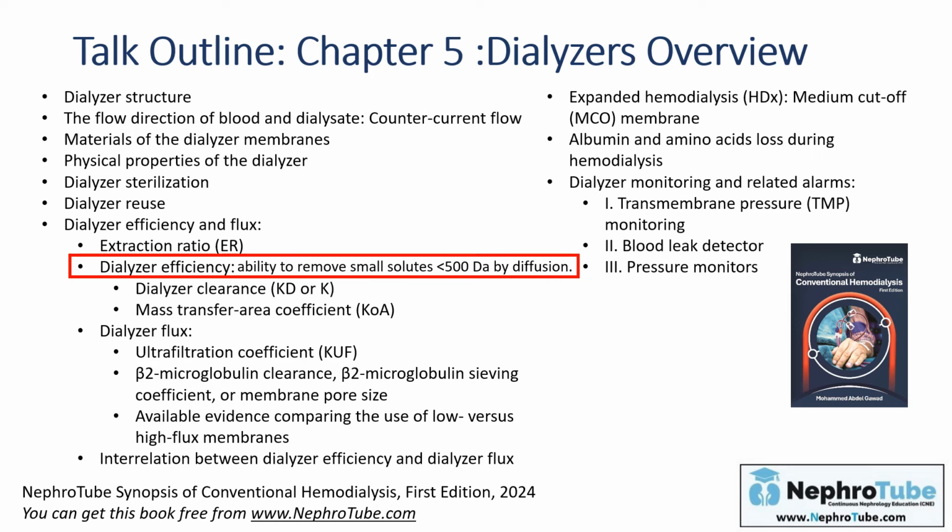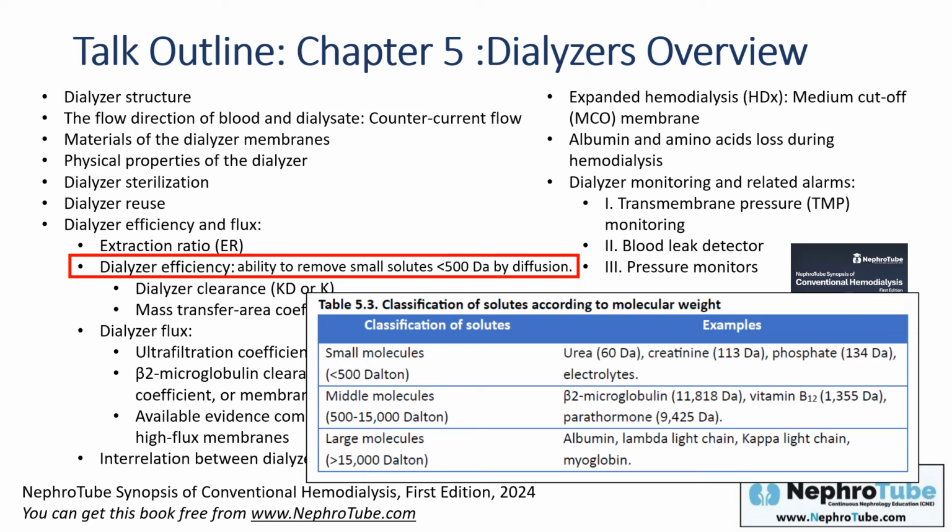Dialyzer efficiency denotes the ability of the dialyzer to remove small solutes by diffusion. And we mentioned that small solutes are solutes with molecular weight less than 500 Dalton, such as urea, creatinine, phosphate, and other electrolytes. So dialyzer efficiency is related to removal of small molecules by diffusion.